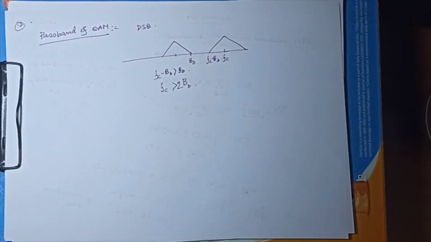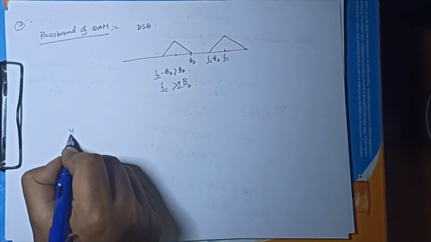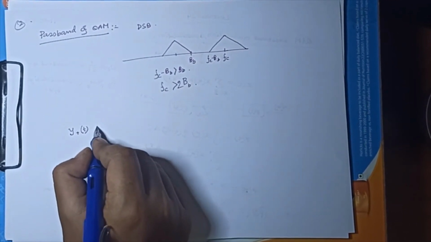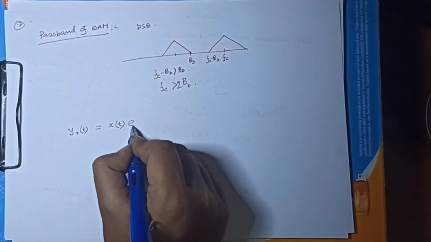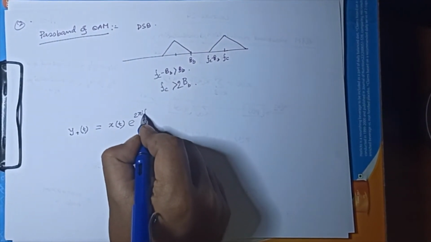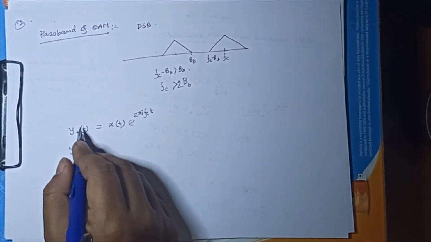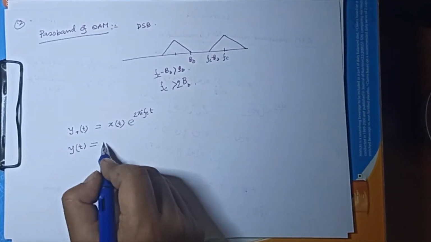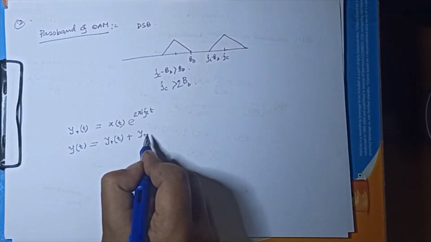Then our DSB signal will be in the same way. The positive form will be x(t), having only the positive frequency, e to the power 2 pi i F_C t, and this is the analytic form actually. So the real signal is essentially that you have to add the complex conjugate with this.